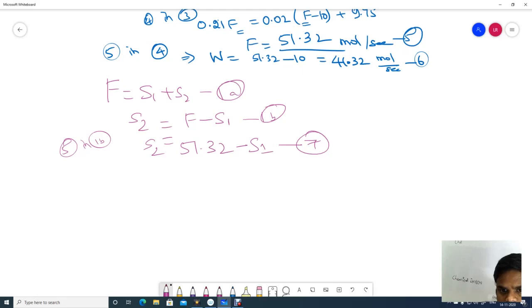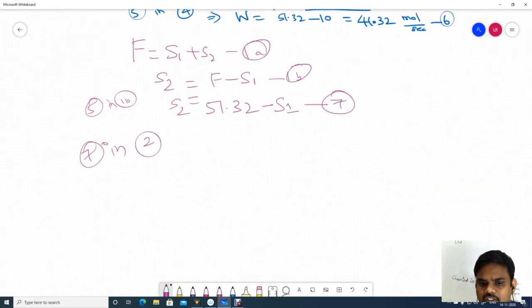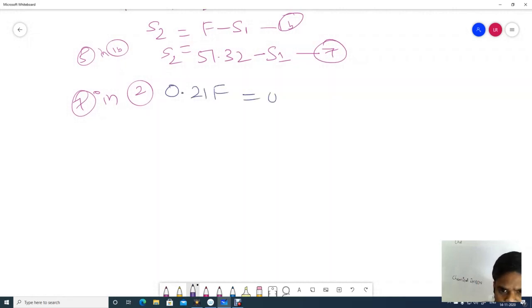Also, we have equation 2. Substitute 7 in 2. What is our equation number 2? 0.21 into F equal to 0.4 into S1 plus 0.04 into S2, right? So if we substitute, for S2 we substitute equation number 7, and for F we have the value, right?